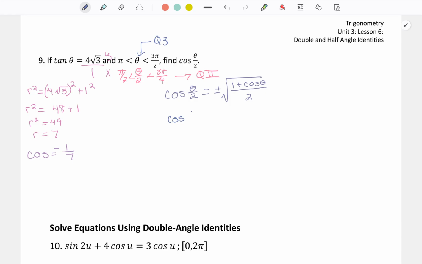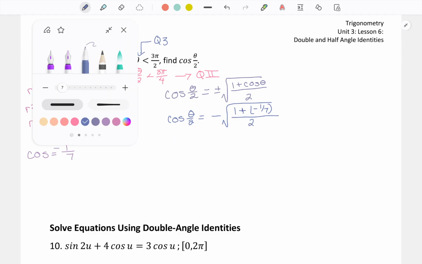And we have the cosine of theta over 2 equals, and actually, I'm just going to leave the minus because that's what we need to have. And we have 1 plus a negative 1 over 7 over 2.